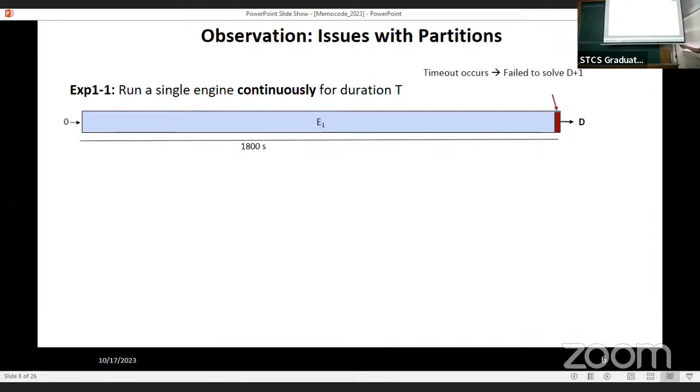We ran a single engine continuously for duration T. Now, when you run a single engine continuously for duration T, another interesting thing happens. This small slice of time that you see here is what we call fragmentation. This engine could explore up to some depth till here, and this part of the time it just wasted. It could not do anything. From this point to this point, no new depth was reached.